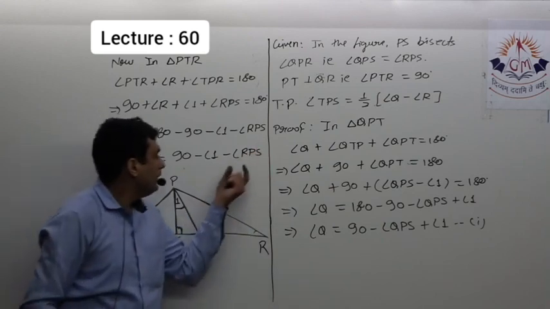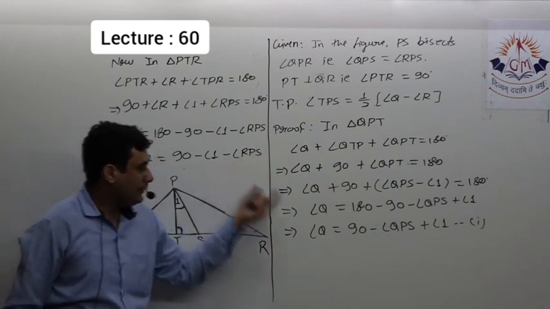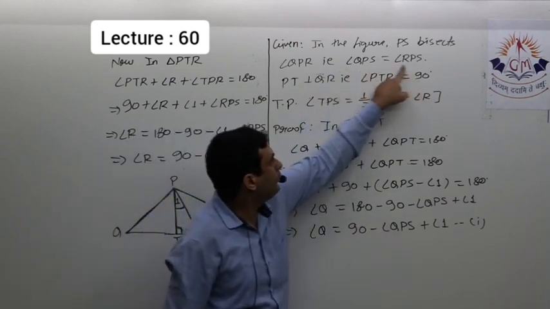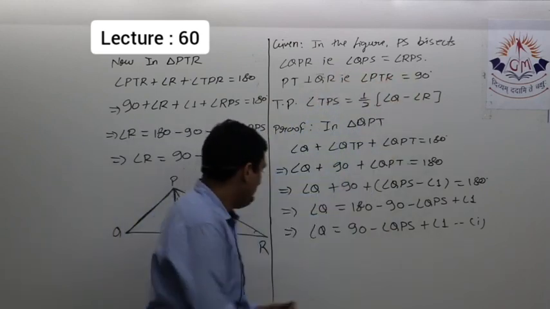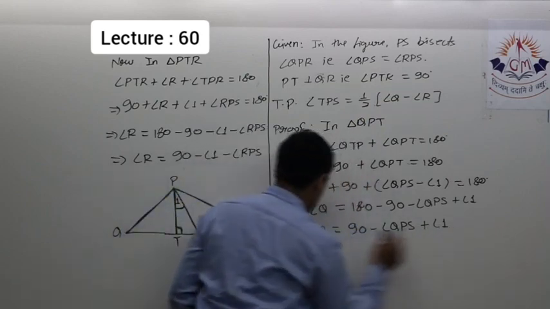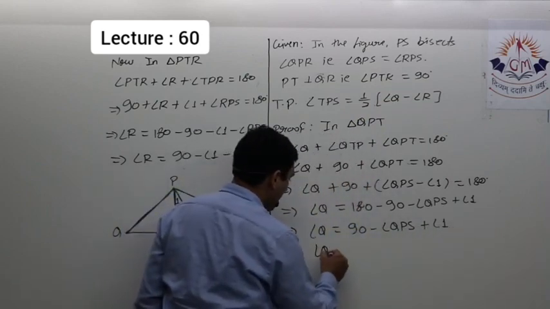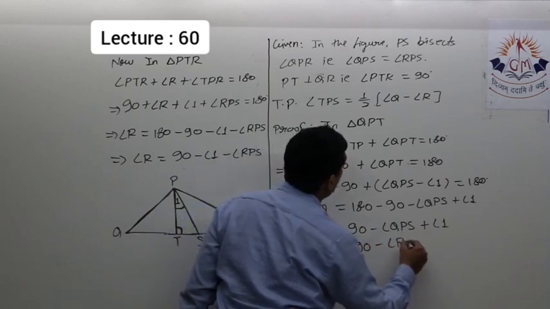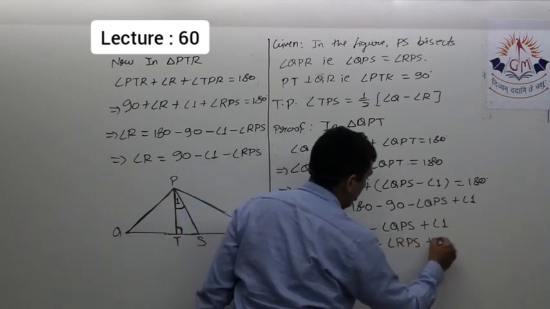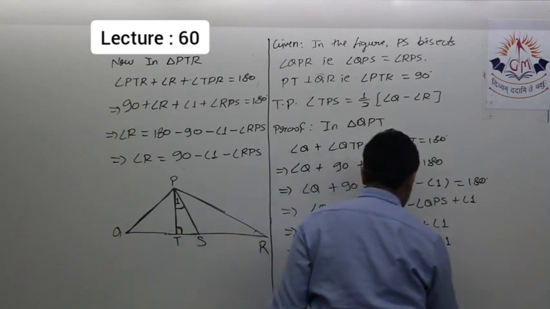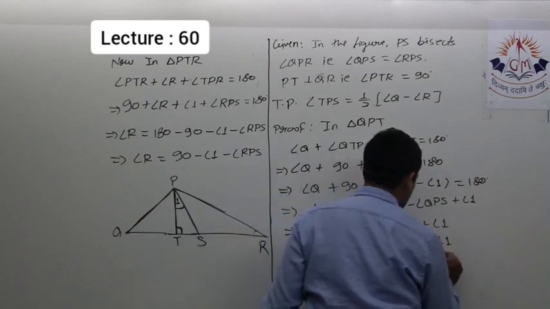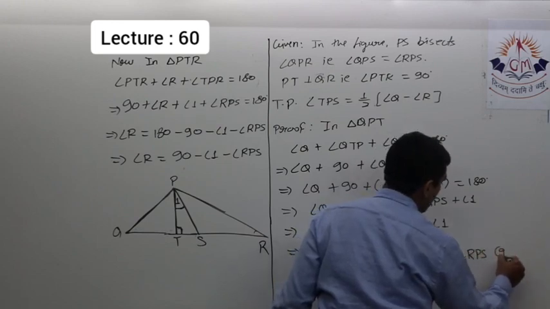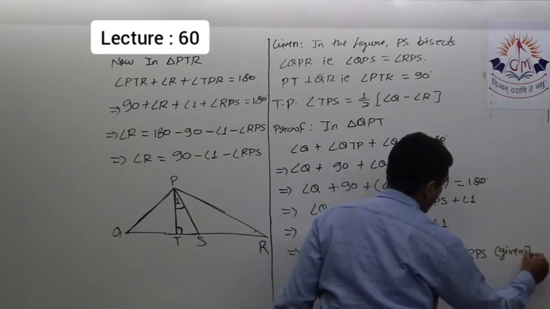Now if you observe, this angle RPS and this angle QPS are the same, that is given. So I'm doing one more step over here. Angle Q is equal to 90 minus angle RPS plus angle 1, and over here I can write angle QPS equals angle RPS, reason: it is given.